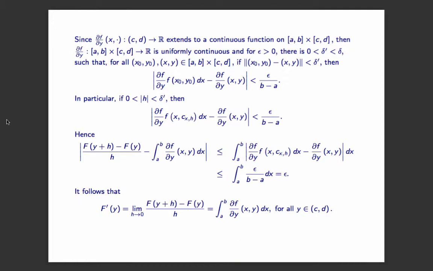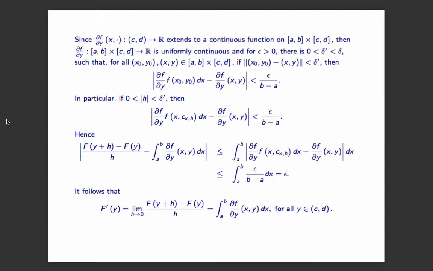Now, since the derivative of f with respect to y is continuous on my rectangle, for each x I have a continuous function of y, then the derivative of f on this rectangle is uniformly continuous, right? Because I have a closed rectangle. So it was continuous, it's on a closed domain, so it's uniformly continuous.